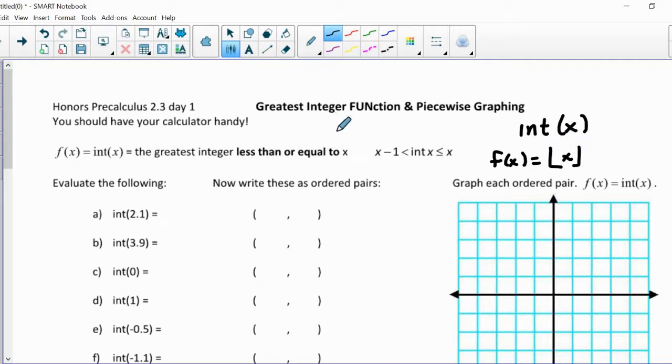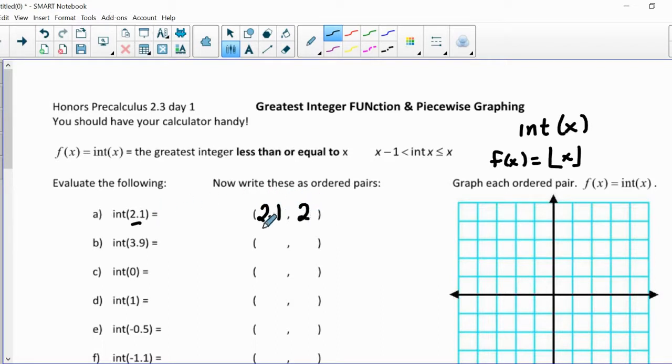Essentially, you take whatever the number is, and then you always round down, so to speak, to the nearest integer, not the nearest integer, but the integer that's below it. So x is 2.1 here.